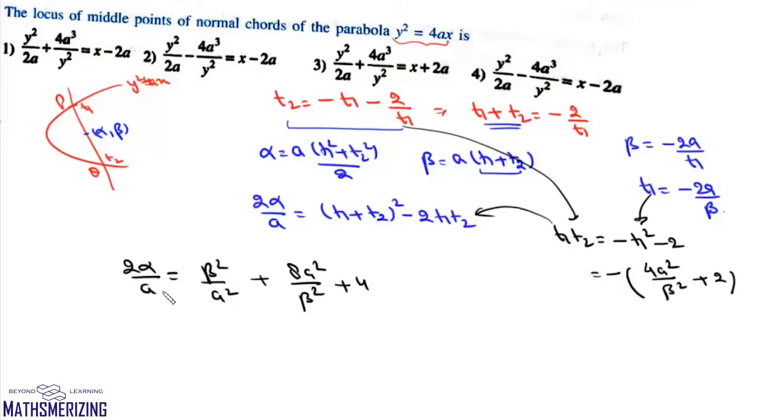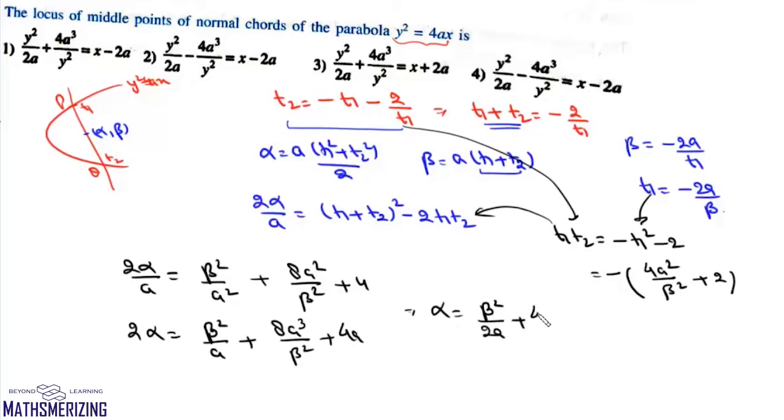Multiplying by a, we get 2 alpha equals beta square upon a plus 8a cube upon beta square plus 4a, and then dividing by 2, alpha equals beta square upon 2a plus 4a cube upon beta square plus 2a.